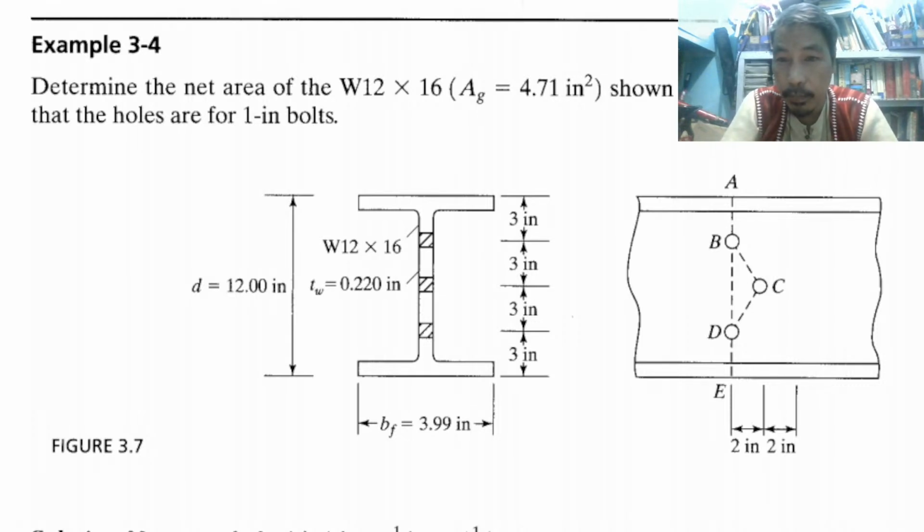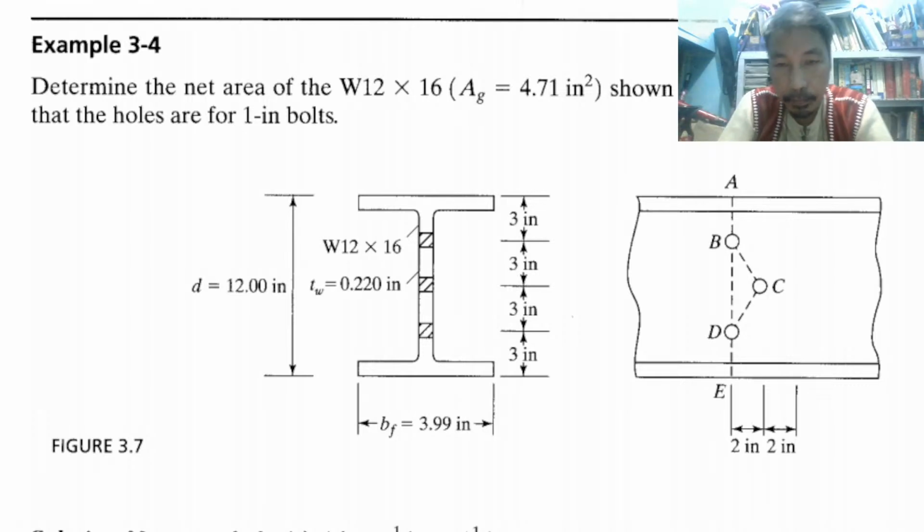W12 means 12 is the nominal depth of the section, 16 is the weight, meaning pounds per feet.